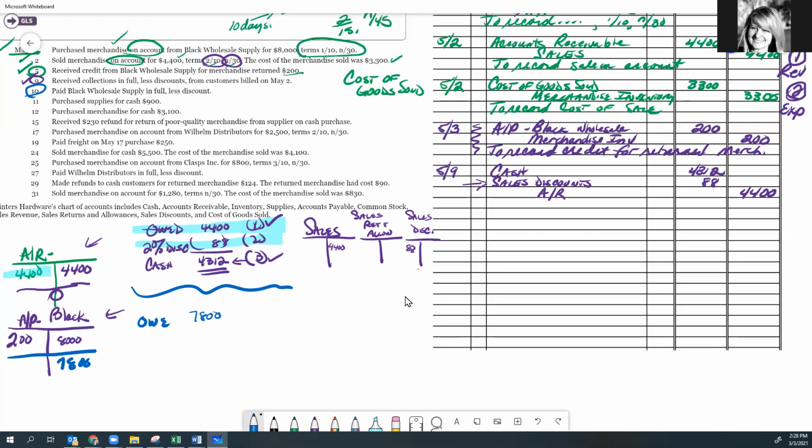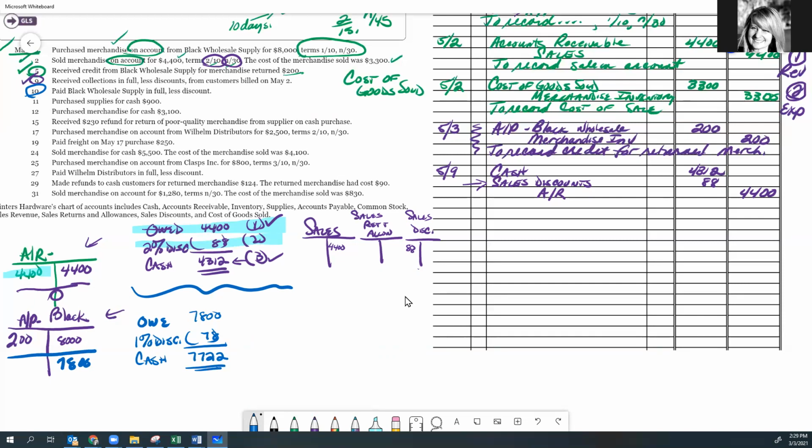They allowed a discount of 1%. So we have a 1% discount, and that's going to be $78. We're going to subtract that. And so we are going to pay them $7,722. This is the cash that we're going to use.